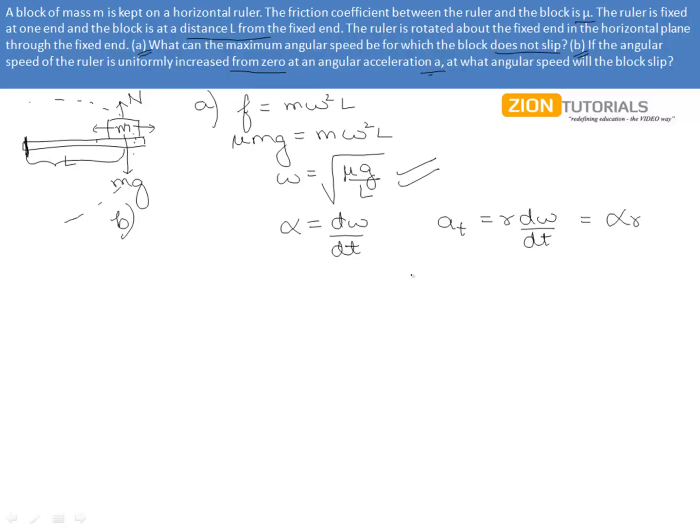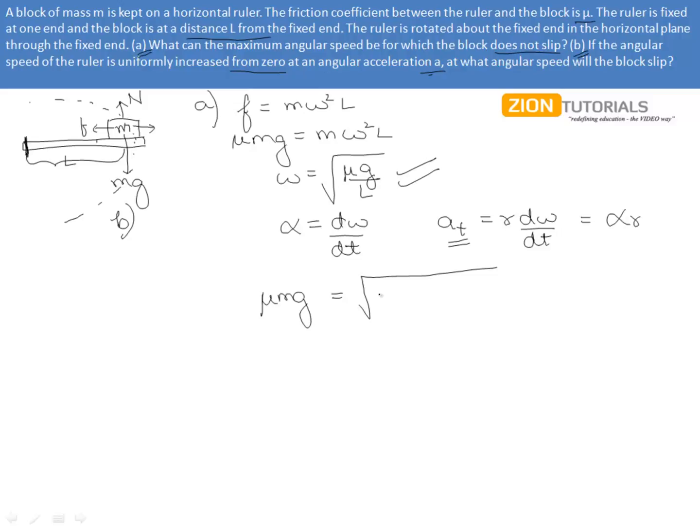So here we will have both the tangential acceleration as well as the radial acceleration, which will be provided by the friction only, F. Now we can say that mu mg, that is the frictional force, equals under root of the radial force and the tangential force squared.